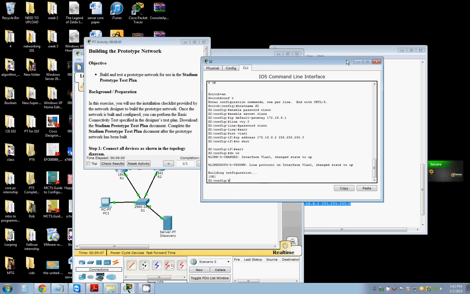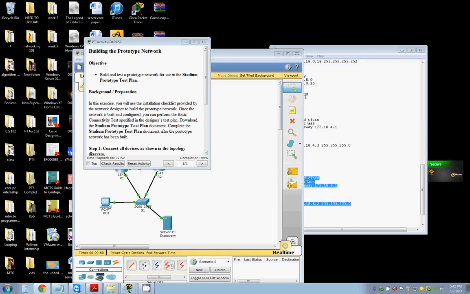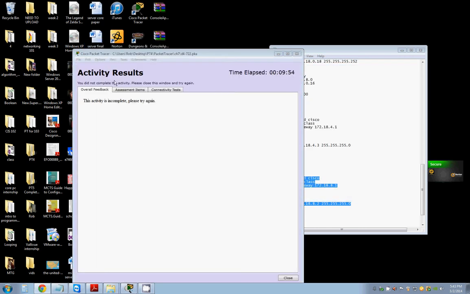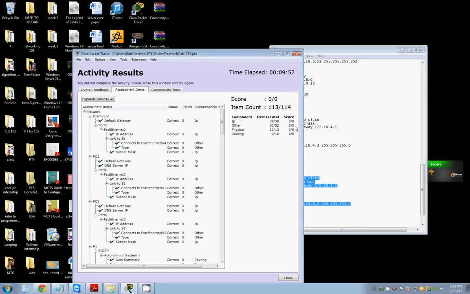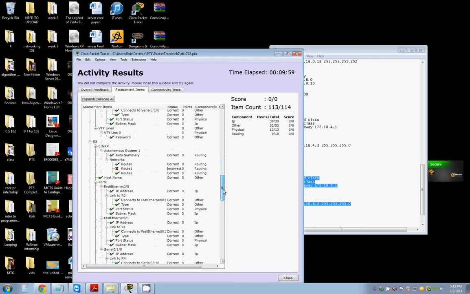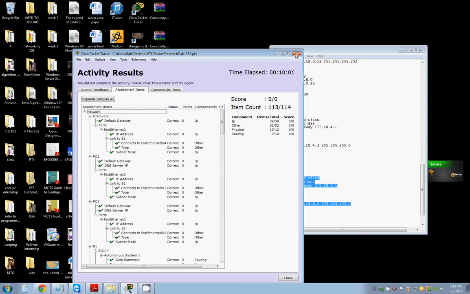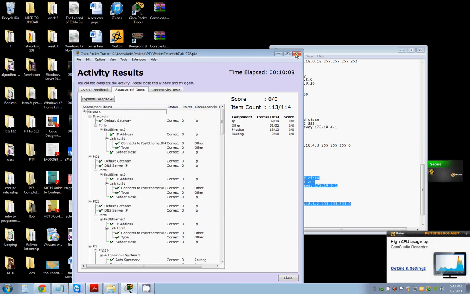And then we had a problem with route 1 on router 3. Yeah. So we'll go ahead and take a look at that.